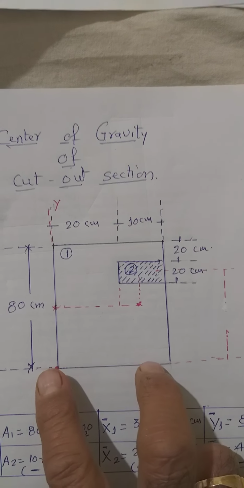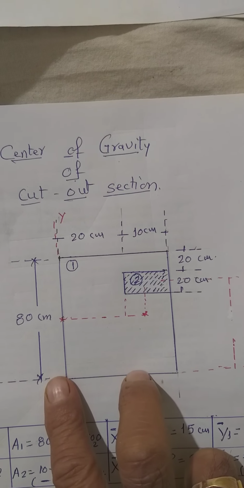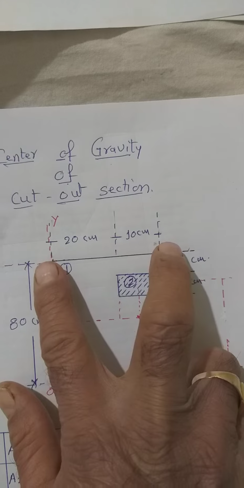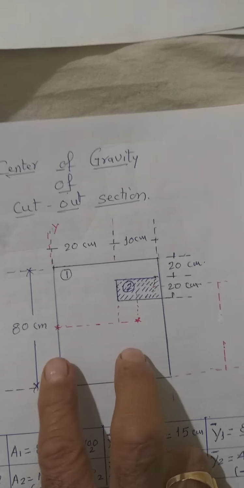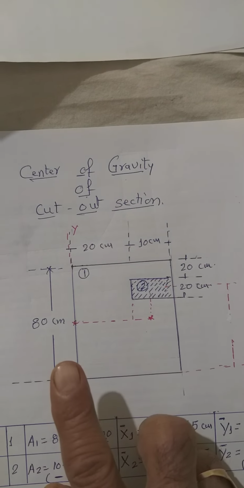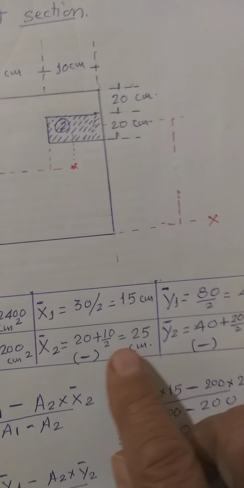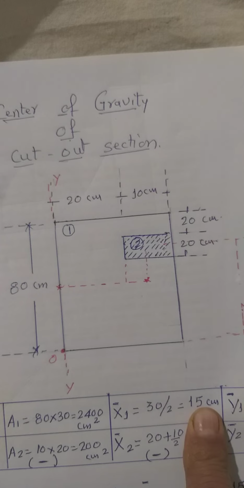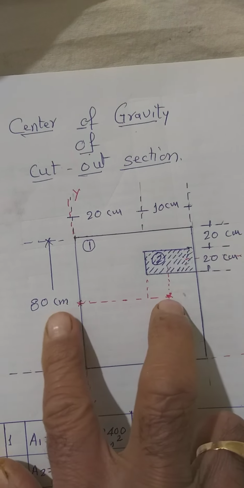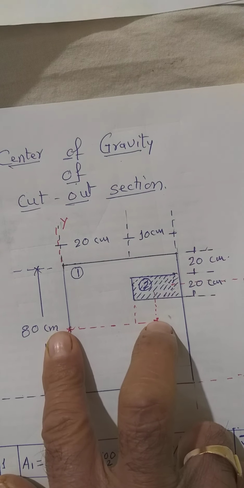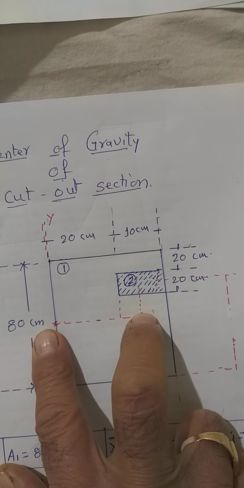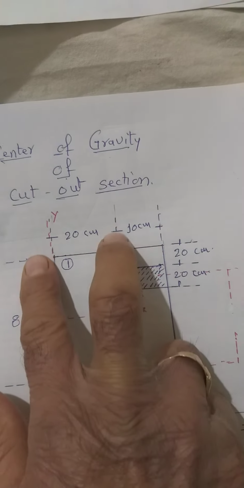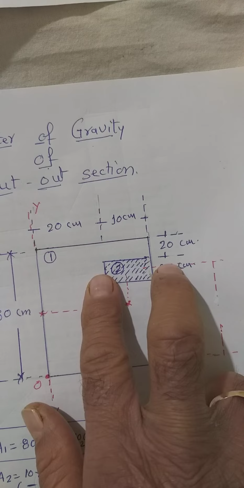Now go for this x bar 1. What is the total distance? 30. X bar 1 will be 30 by 2, that is 15. Now we have to find out the value of this x bar 2. How can we calculate? You know this distance is 20 and this distance is 10.